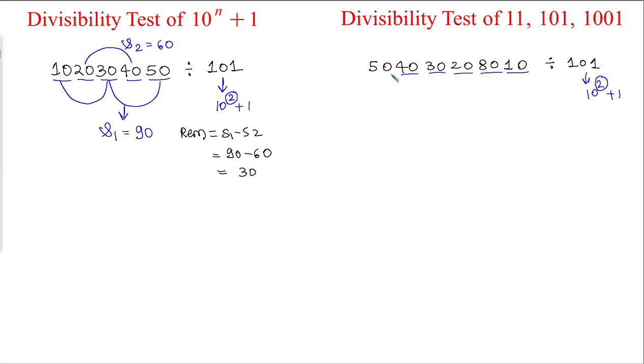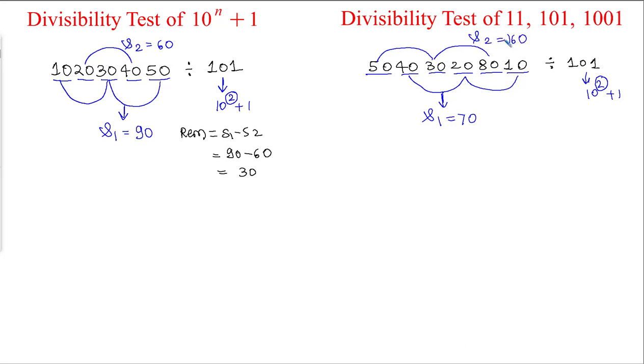Starting from the rightmost group, we add alternate groups, and call this addition S1. S1 is 10 plus 20 plus 40, that is equal to 70. And S2 is 80 plus 30 plus 50, that is equal to 160.